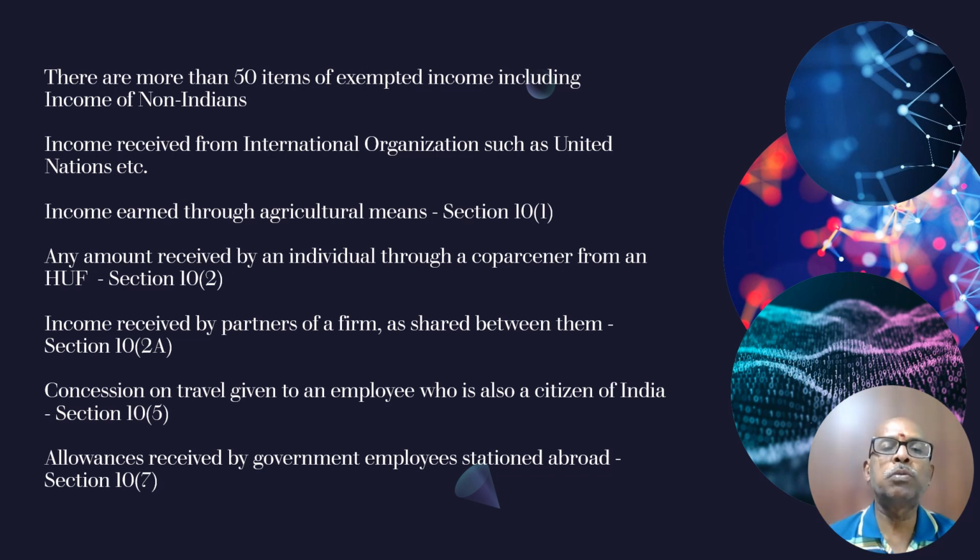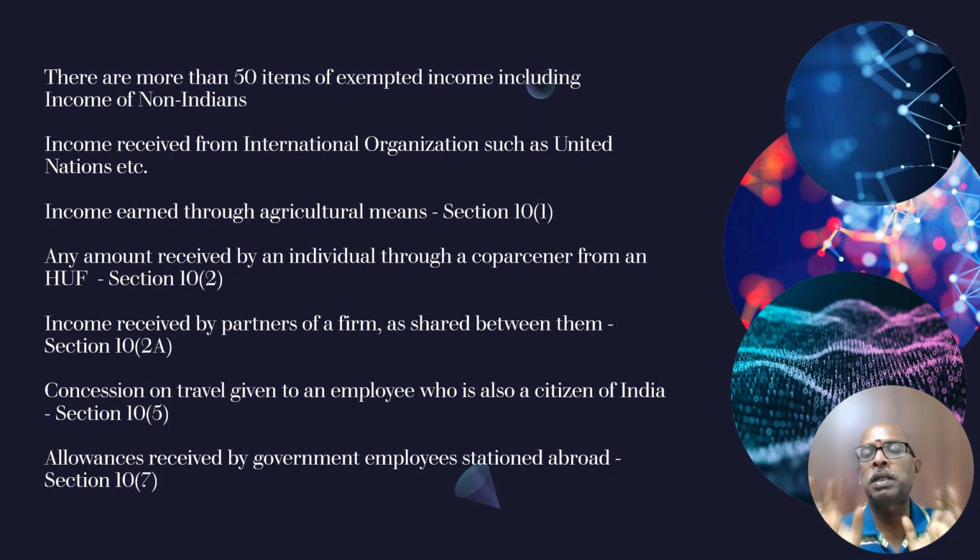Any amount received by an individual as a co-partner from a HUF, Hindu undivided family, is exempted, because the HUF is taxed as a whole. The Karta will give all those things. This is a separate subject, and if required, we will discuss it separately. There, only after paying tax will you give the amounts to all the members.